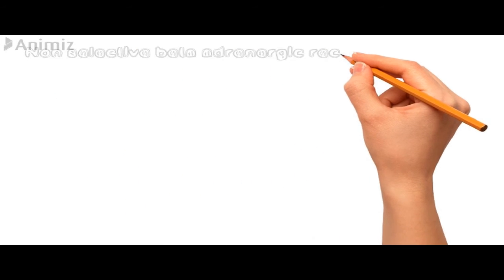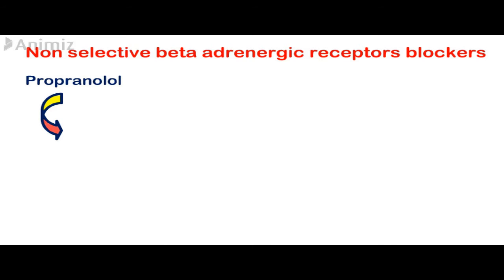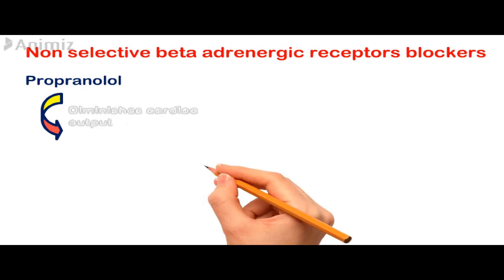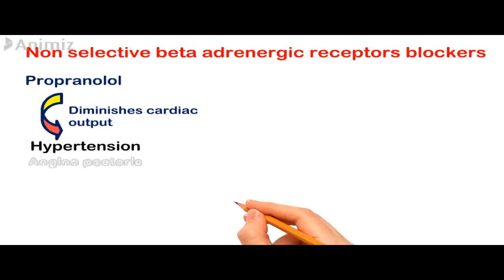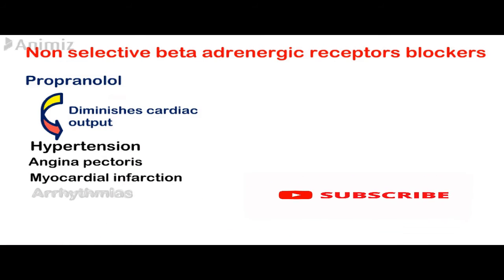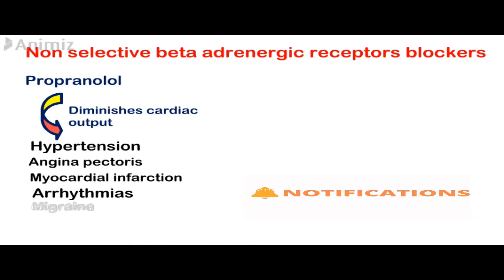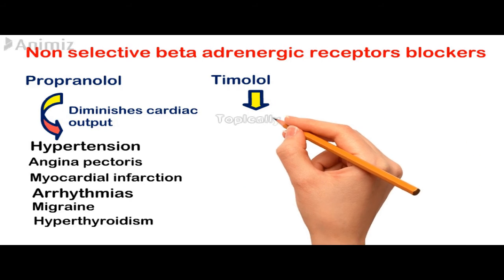Coming to the beta-adrenergic blockers, we will start with the non-selective ones, which are propranolol, timolol, and nadolol. Propranolol, which blocks both beta-1 and beta-2 receptors, decreases the cardiac output, which leads to both negative inotropic and chronotropic effects.